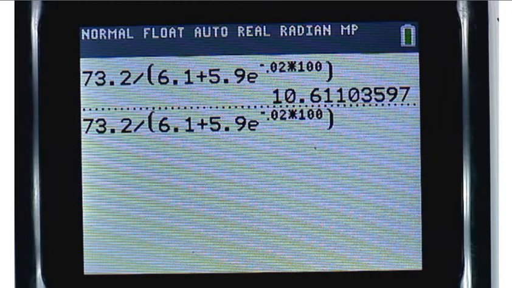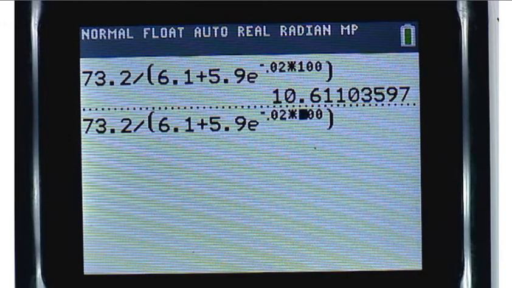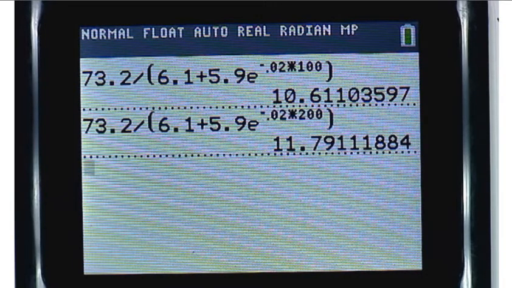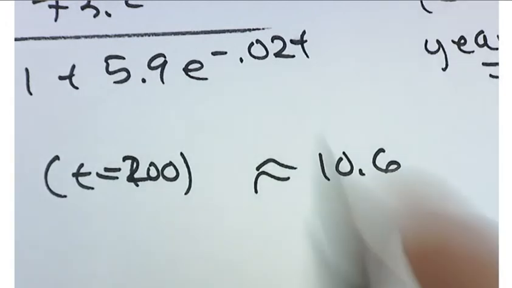And all we need to do is go back here to the 100 and change that to a 200. So go back there using the arrow key, edit it. Now we got 11.79 billion people. So yeah, great question. Thank you. But that's a nice trick if you've made a mistake or you just need to repeat the calculation for a similar value.